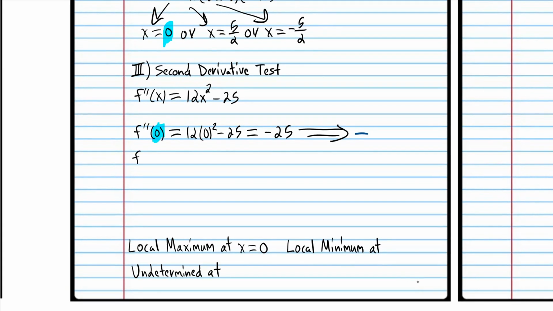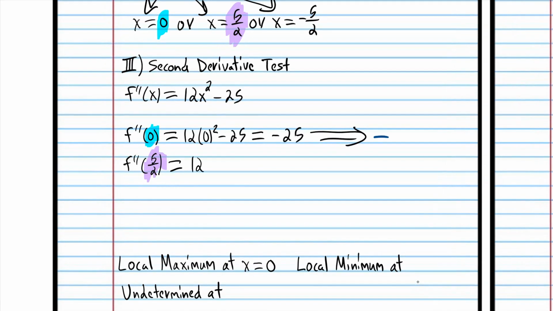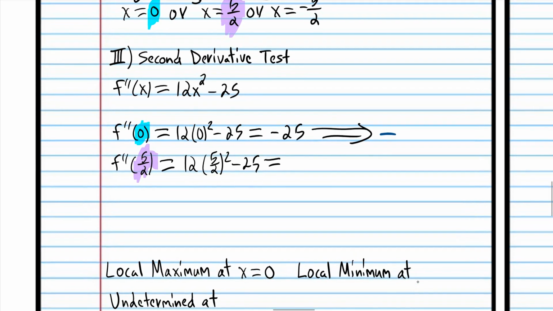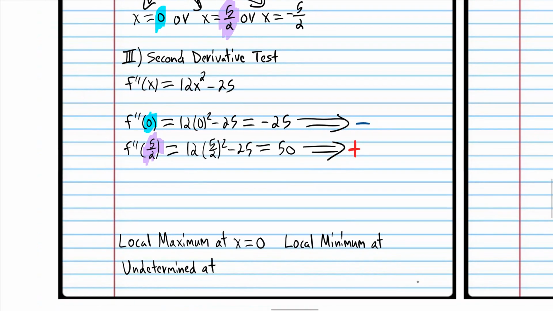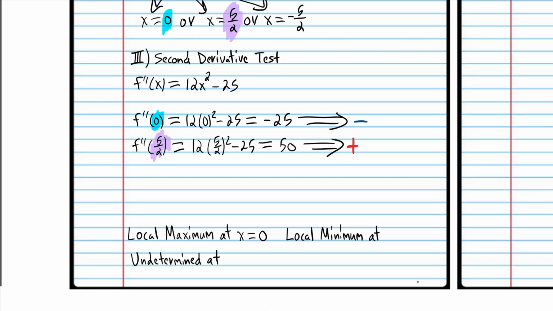Now we'll evaluate the double derivative at 5/2. So we're plugging in this critical number here. And it looks like we get 50. So that number is positive. So if the double derivative is positive, that means we have a local minimum at x is equal to 5/2.